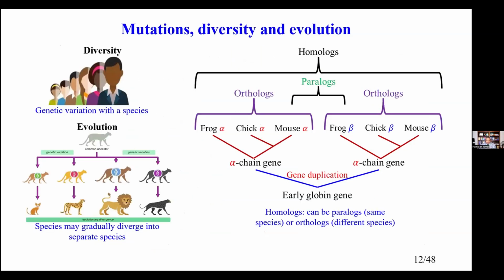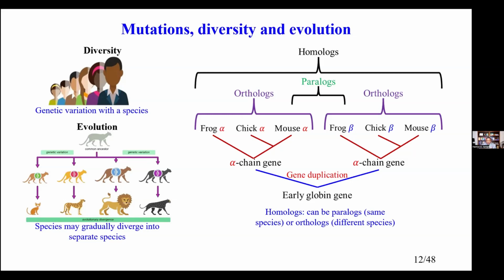So mutation actually leads to diversity and evolution. Within species, whether humans or cats or dogs, we find different diversity, in colors and shapes and more, and all this is because of mutation, because of SNPs, and this leads to evolution itself.